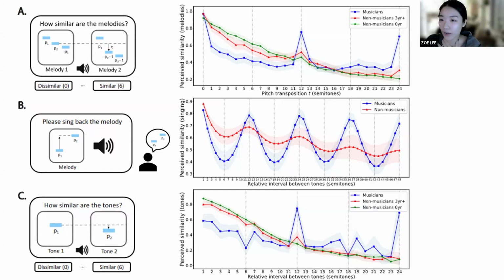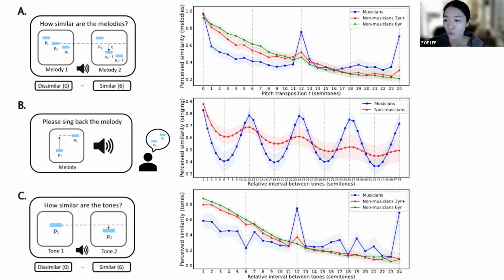Then they find that the perceived similarity of pitches varies widely between different groups of people.